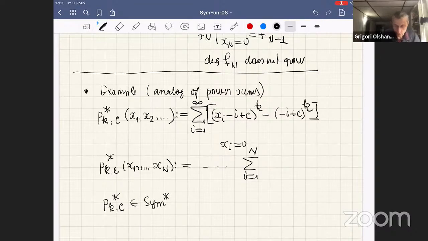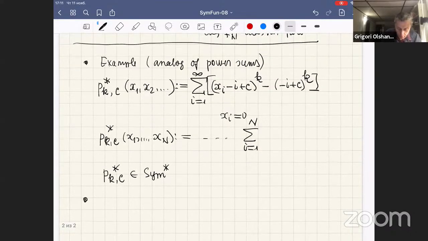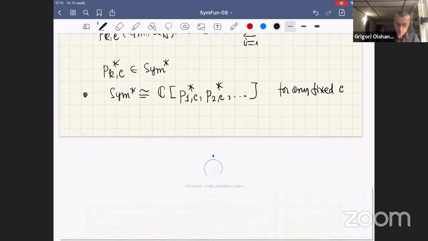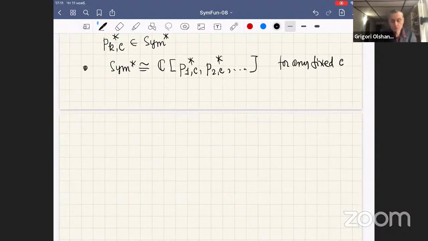And we can conclude that the whole algebra is isomorphic to the algebra of polynomials in these elements, for any fixed c. Why? The idea is as follows. It requires some proof, but it is not difficult, almost obvious, I think.